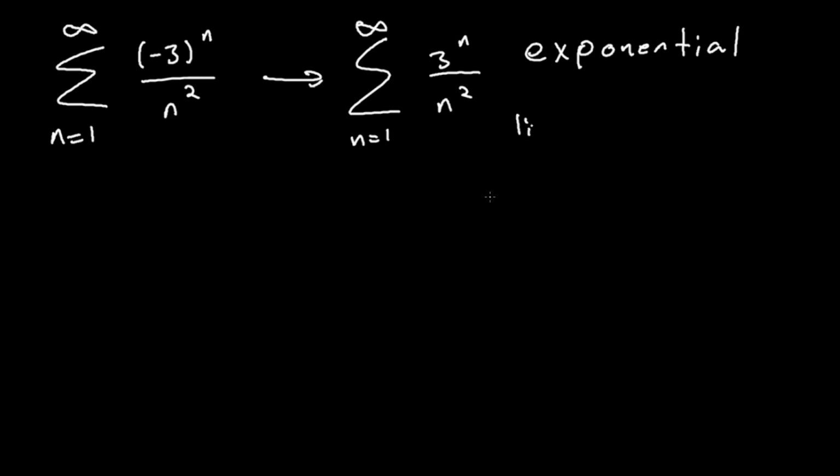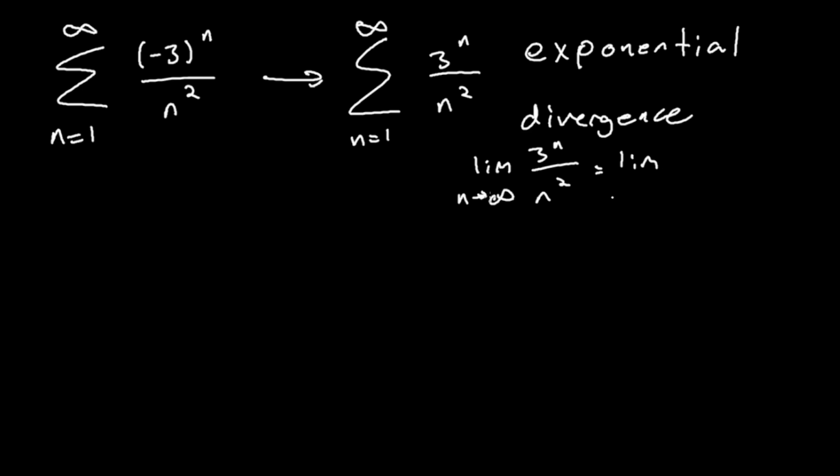Therefore, this series will be increasing. Right? So if we take the divergence test, let's take the limit as n approaches infinity of 3^n over n squared. We're going to get an indeterminate form, right? So we can use L'Hopital's rule. So the limit as n approaches infinity of the natural logarithm of 3 times 3^n over 2n. And then we use L'Hopital's again, because we get another indeterminate form if we plug in infinity here.